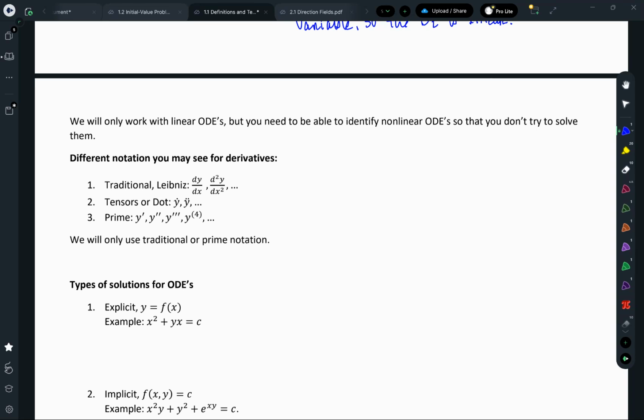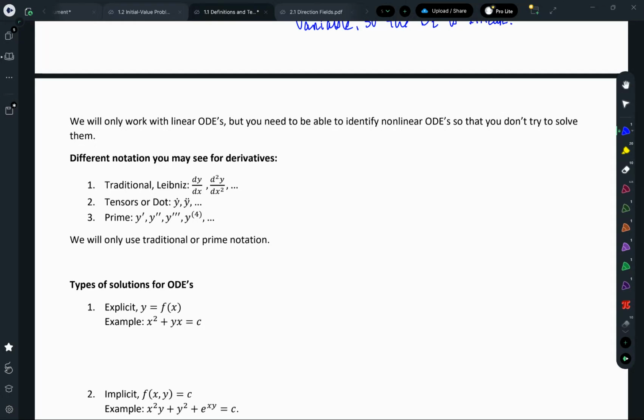We need to master the art of working with linear ODEs before we step it up a notch and work with nonlinear ODEs or partial differential equations. But we need to be able to identify when we see nonlinear or PDE so that we know, oh, we don't know how to work with those.